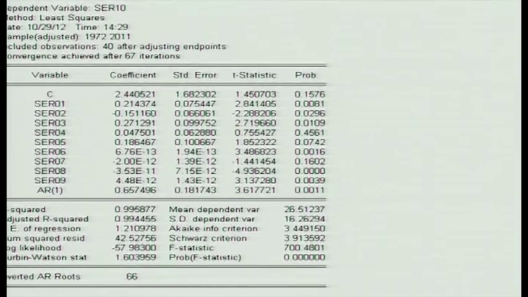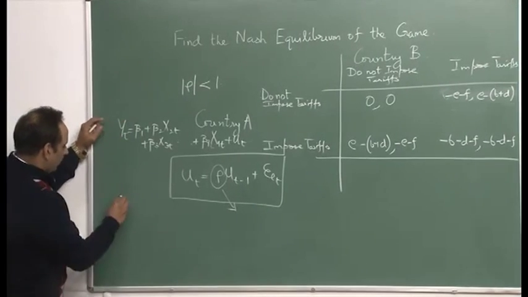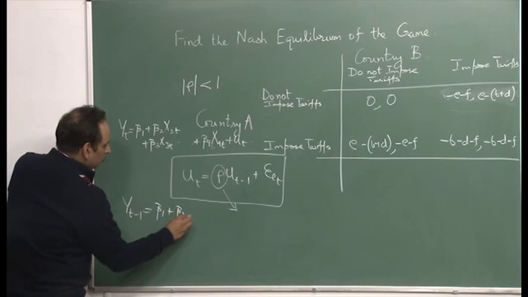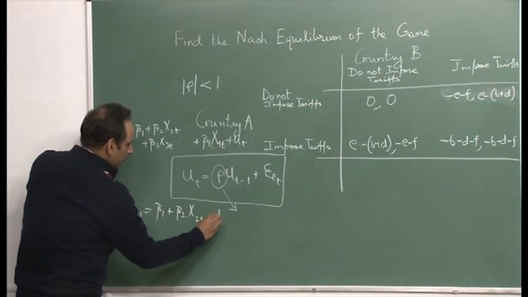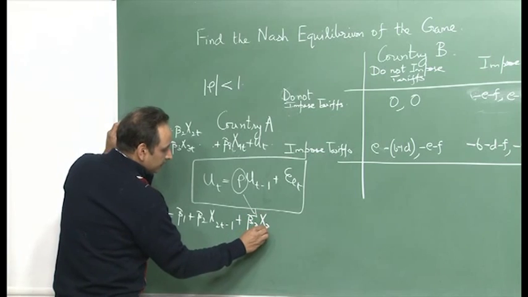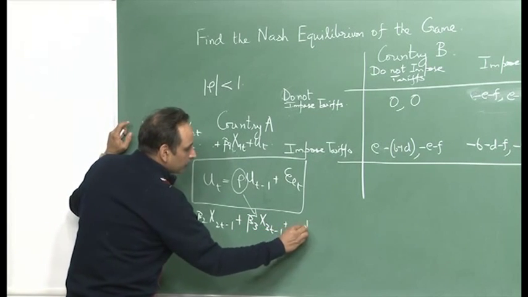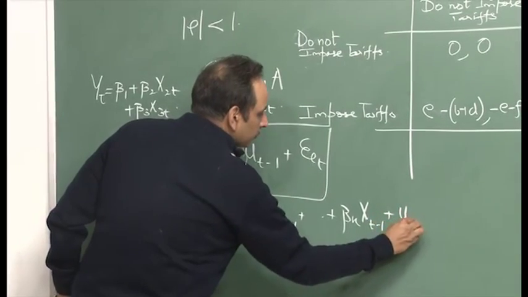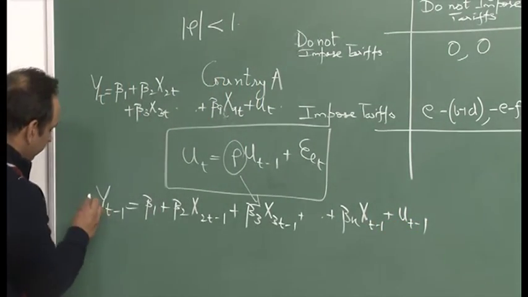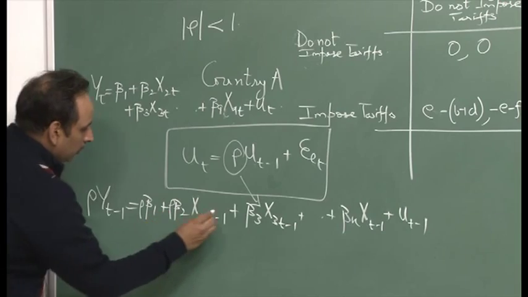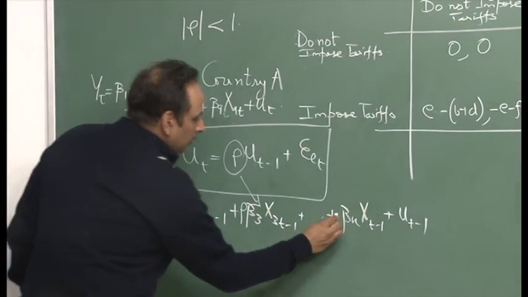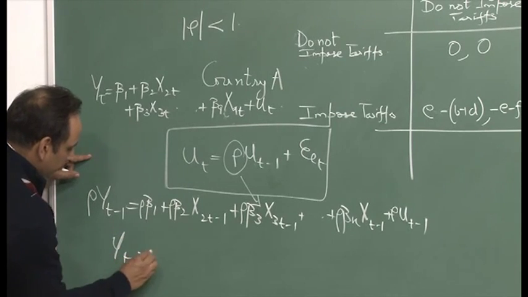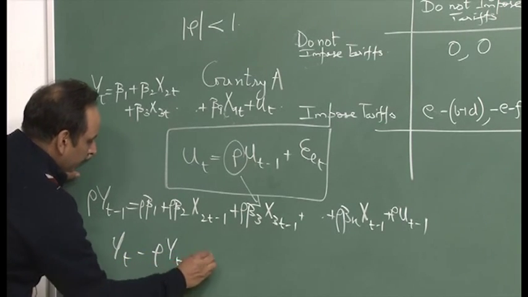Remember, how do you do the remedial thing? You do yt minus 1, b1 plus b2, x2 t minus 1 plus b3, x3 t minus 1, and so on bk xkt minus 1 plus ut minus 1. Then you multiply it with rho. And then you do yt minus rho yt minus 1.